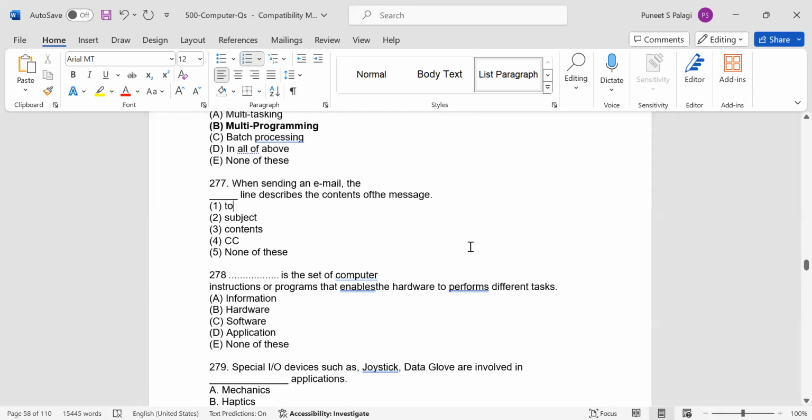When sending an email, the dashed line describes the content of the message. It is subject.